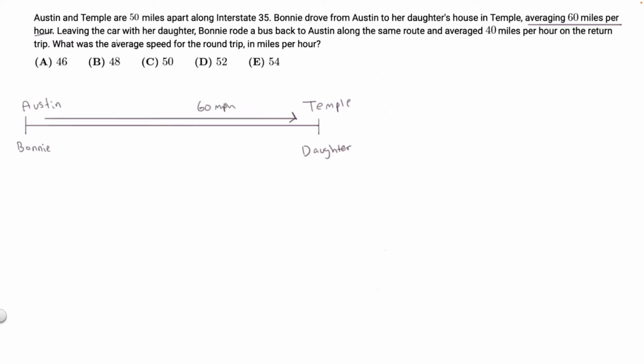And then it says leaving the car with her daughter, Bonnie rode a bus back to Austin along the same route and averaged 40 miles per hour. So Bonnie came back with a bus that averaged 40 miles per hour. And then this whole trip was 50 miles apart.